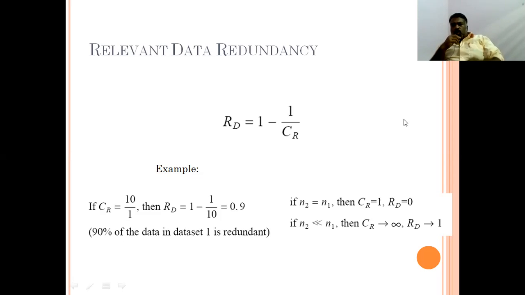For data set 1, the value 0.90 means 90% of the data in data set 1 is redundant. In this way, we take the redundant data into account for compression purposes.